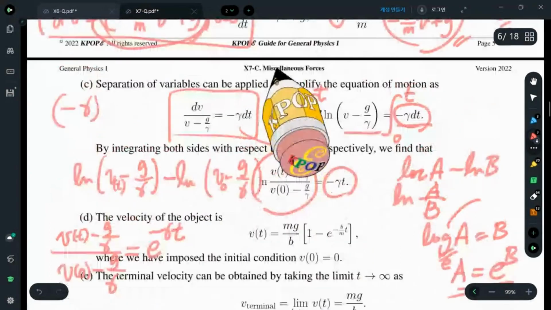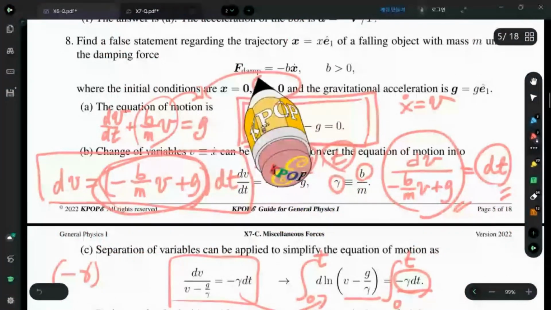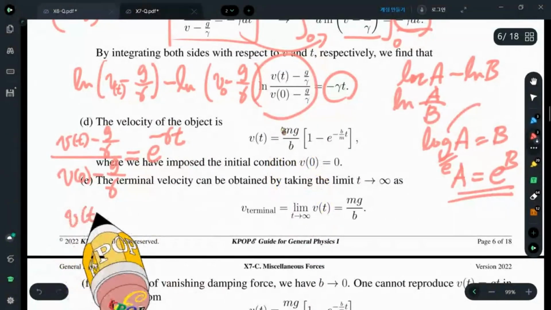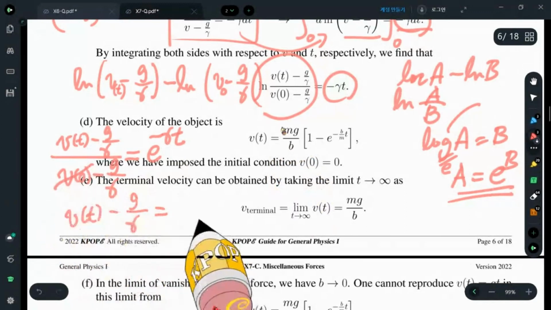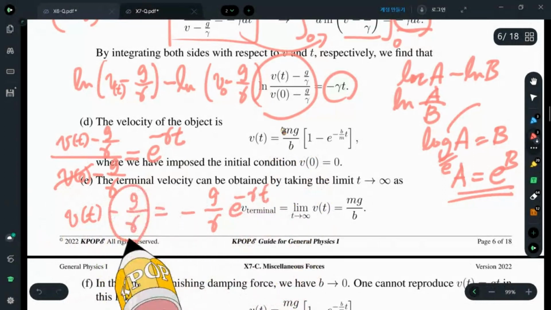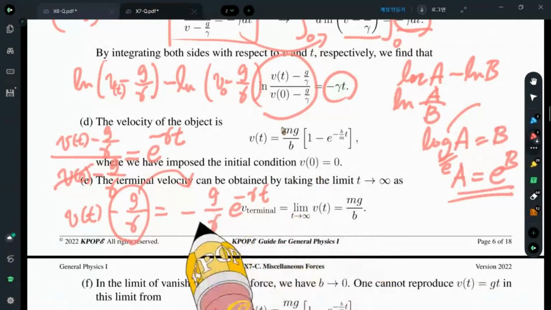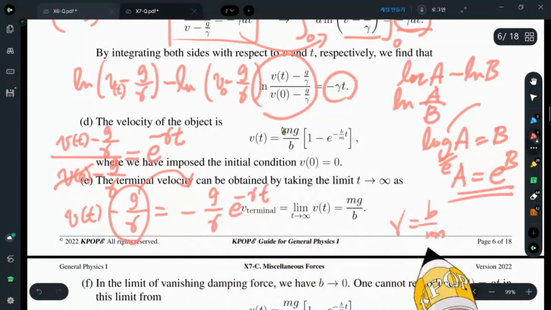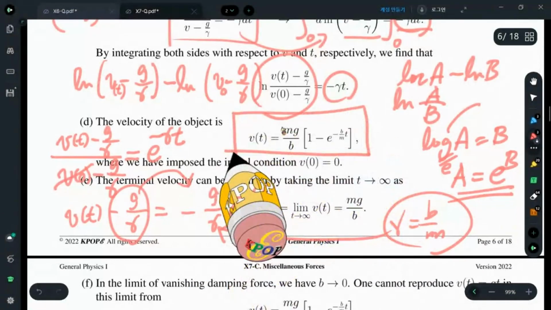And as we know, initially it was at rest, so v0 equals 0. So v of t minus g over gamma equals minus g over gamma e to the minus gamma t. Move this term to the right hand side. Now gamma is b over m, so substitute this value here and simplify the result in this form.